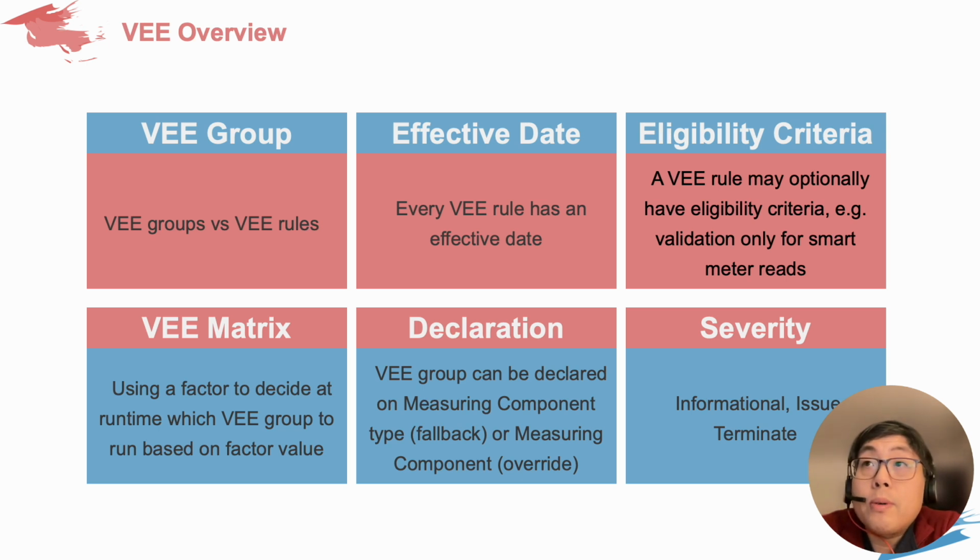For example, the meter read validation is expecting a profile value, and the profile value is missing, which means potentially all the estimations could be at risk of being wrong. In those cases, you want to terminate the process rather than carry on. So these are the severities we can specify on different rules.